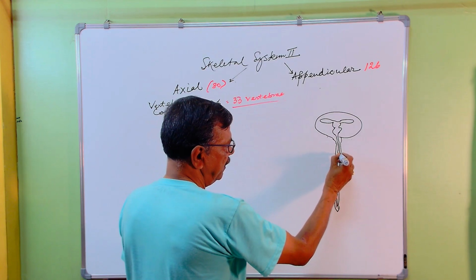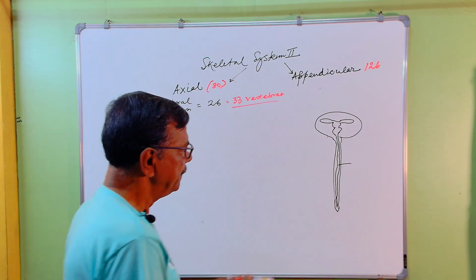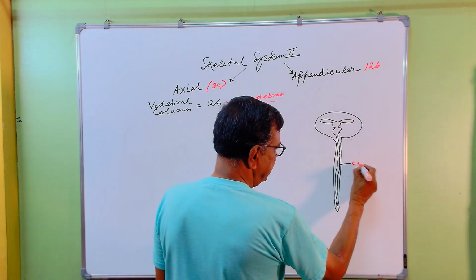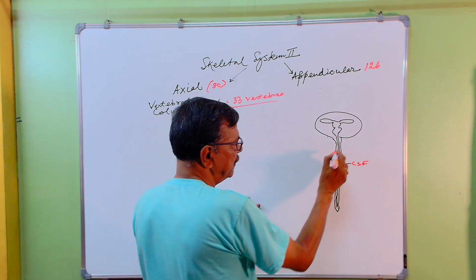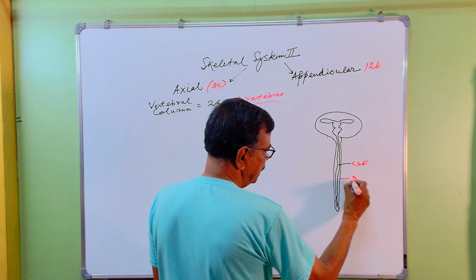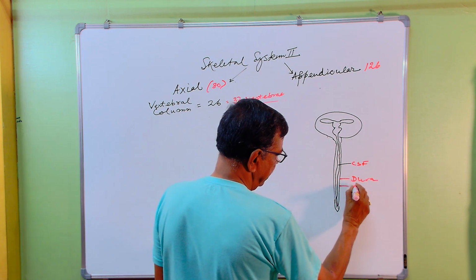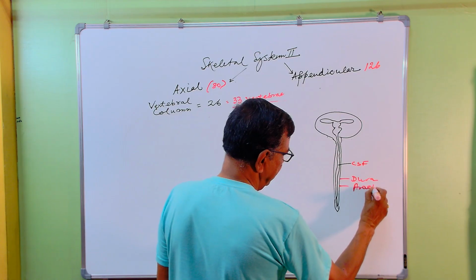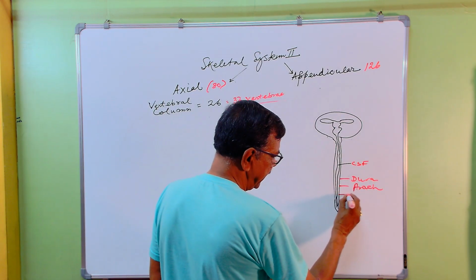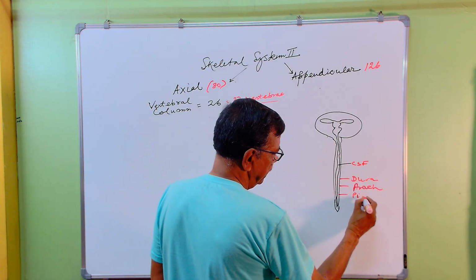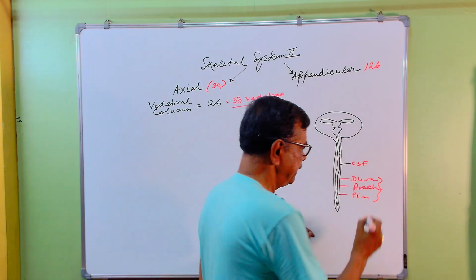Within the spinal cord there is the neural canal. It contains CSF, and on the outer side there are also dura mater, arachnoid mater and pia mater. These 3 are known as meninges.